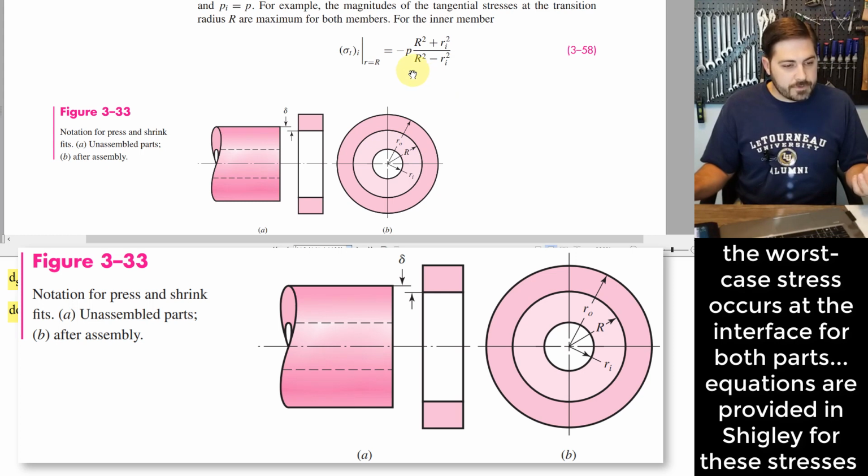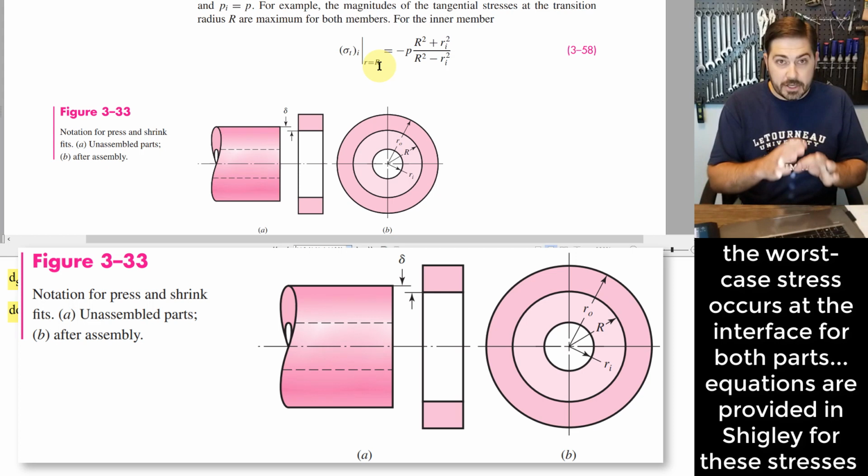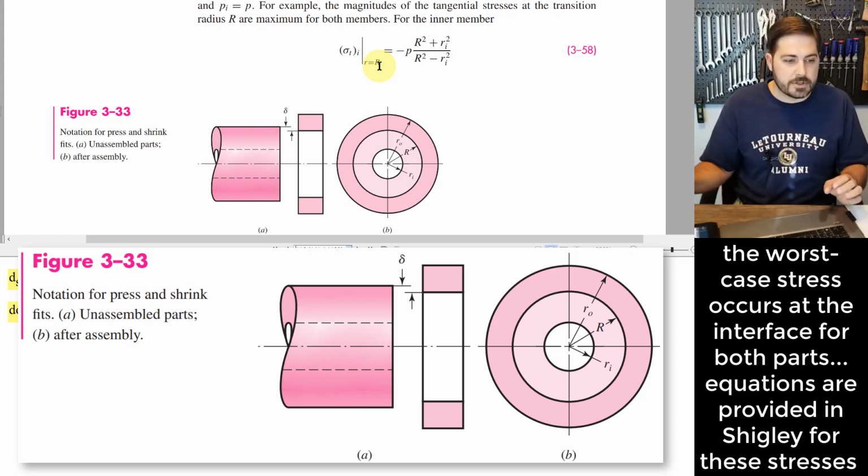And just so we're comfortable with all this terminology, what we're talking about here is a tangential stress that's induced on the inner member, right? That's what the T and the I stand for. This is saying that this is the worst case happening where our radius value is occurring at this capital R, which is talking about that interface radius between the two parts.